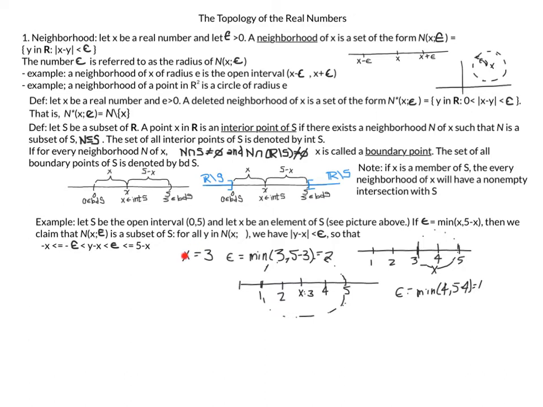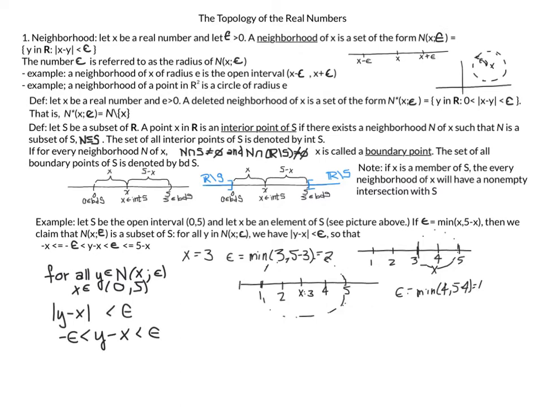So here we've done this for X equals 3, and we want to show that this is true for all X if we take epsilon to be the minimum of X and 5 minus X. So looking at our definition of our neighborhood, for all y in our neighborhood, and X between 0 and 5, we have the distance |y minus X| is less than epsilon.